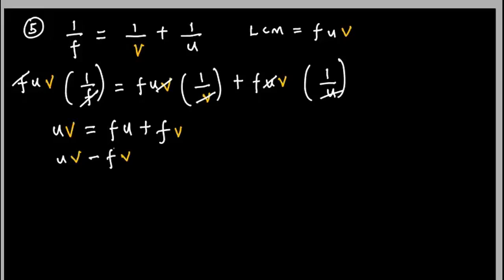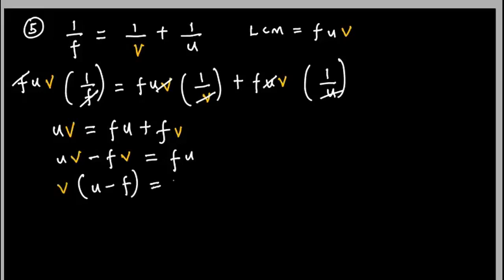Those without V terms should be on the right hand side. I have FU just remaining there. So as we've always done, we have to factorize. V is common to both terms. So bring out that common V, and the rest should be in brackets. UV divided by V is U, minus FV divided by V is F.